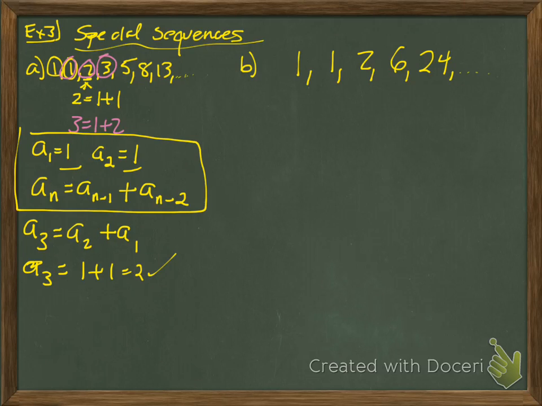Let's just say I start this one with a sub 1 and this one with a sub 2, and this is my third term a sub 3, and this is my fourth term a sub 4, and this is my fifth term a sub 5. Sometimes you can see a relationship between the actual position number and the terms of the sequence.